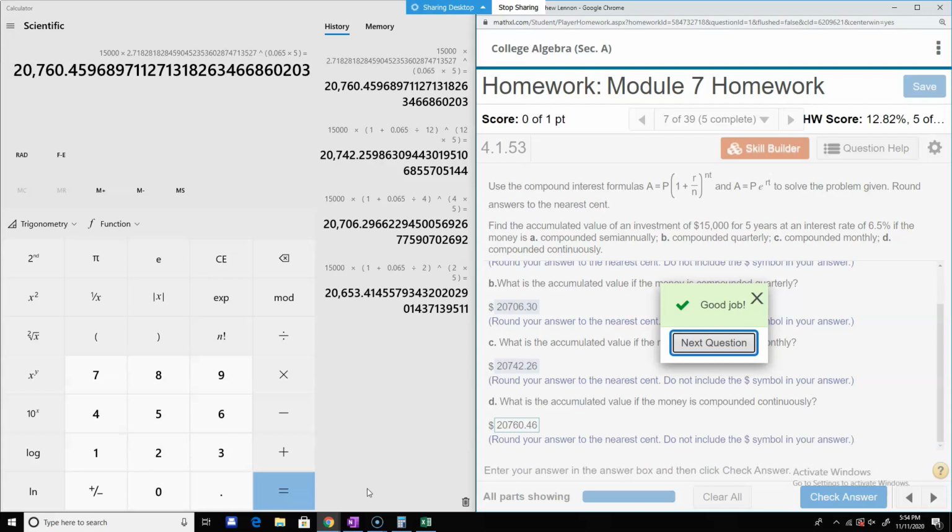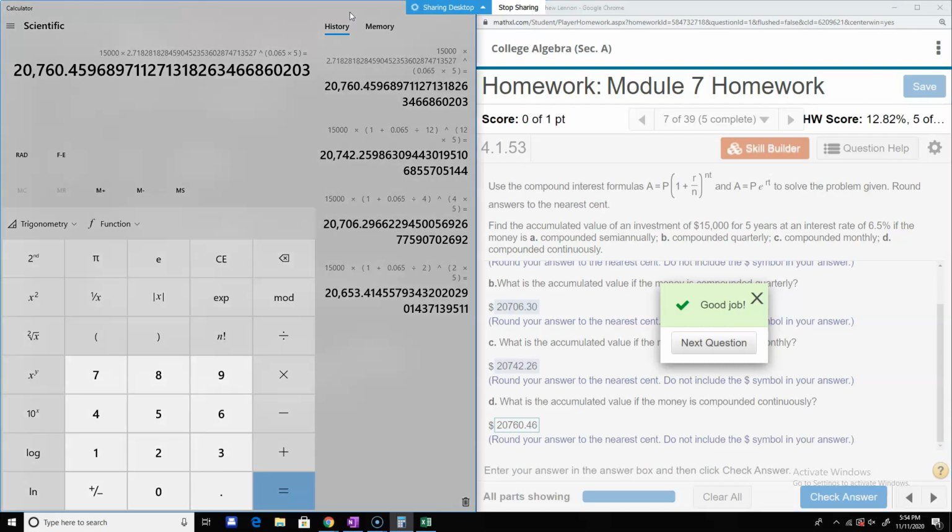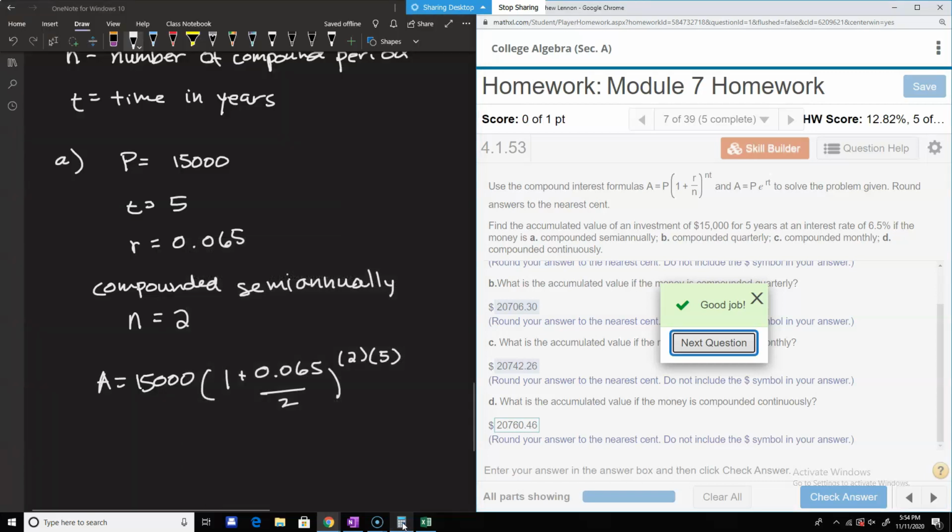So maybe we'll include D as well here. B and C not much different. For this one we just had to do 15,000 times E to the 0.065 times 5.